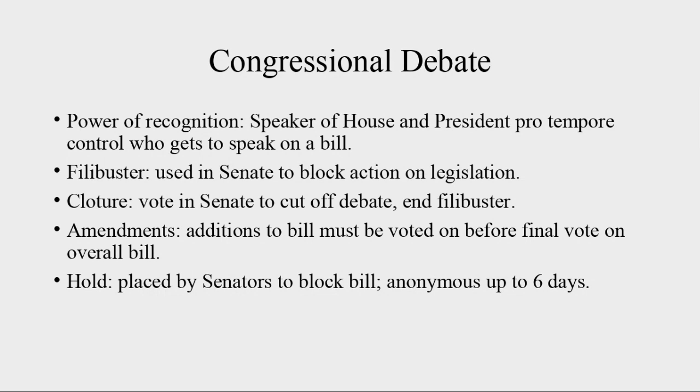And they do this because after 6 days, interest groups know who it is. Fellow senators know who it is. And their constituents know who they are. Then they face a lot of pressure to stop their opposition and stop blocking the bill. It's designed to keep a senator from blocking a bill indefinitely, making them have to be responsive and say, look, I oppose this bill and here's why. So they can't hold a piece of legislation forever.